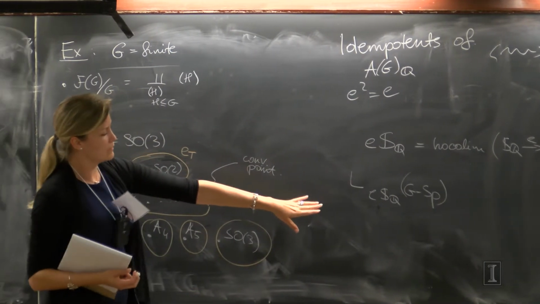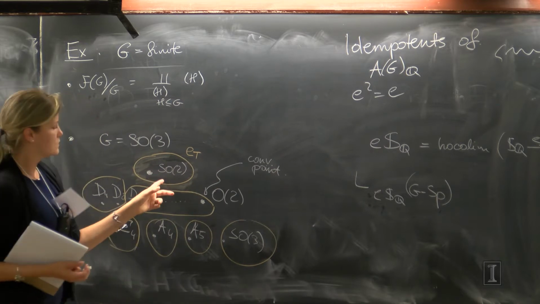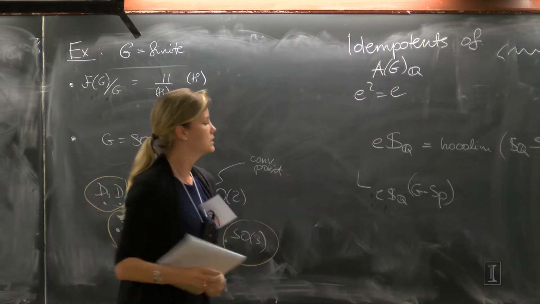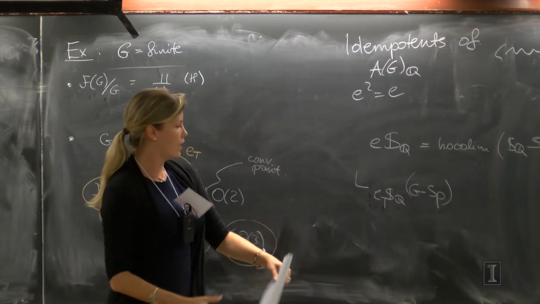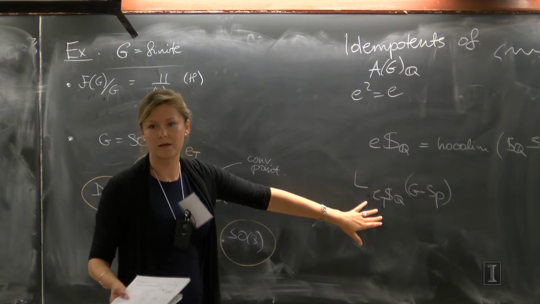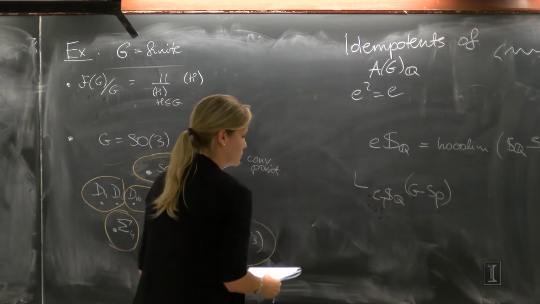So you should think about, even though E here is just SO2, if I localize G-spectra at ET, it's going to remember the maximal torus and all its subgroups, okay? Not only the maximal torus.